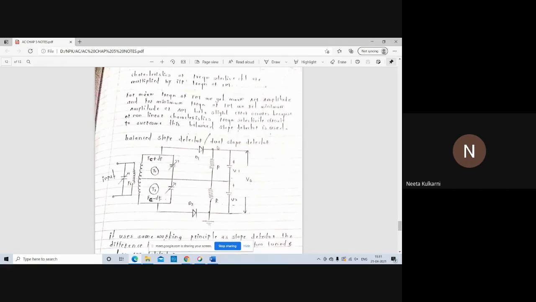So what happens in the dual slope detector? The basic circuit is the same, but instead of one frequency selector and one detector, in the balanced slope detector we use 2 frequency selector circuits and 2 AM detector circuits.